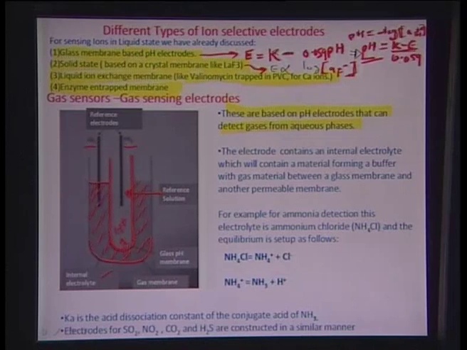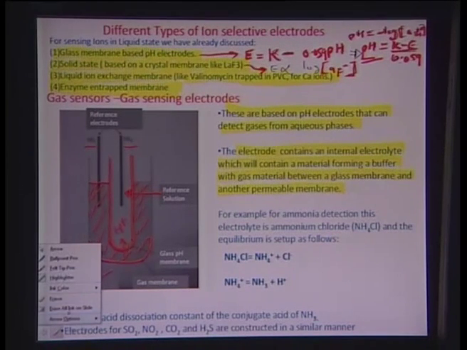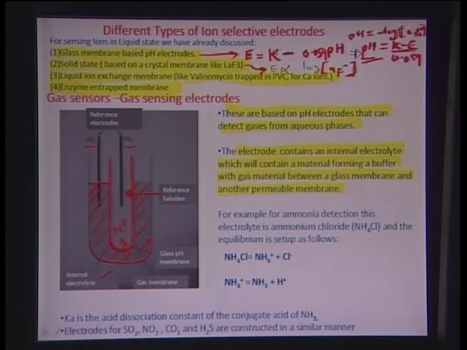The electrode contains an internal electrolyte which will contain a material forming a buffer with the gas material between the glass membrane and the permeable or selective membrane. So, essentially this is a concept of buffering. Okay. So, you are definitely trying to select something which would create a buffer material and would equilibrate with the particular gas that is being taken up in this electrode.